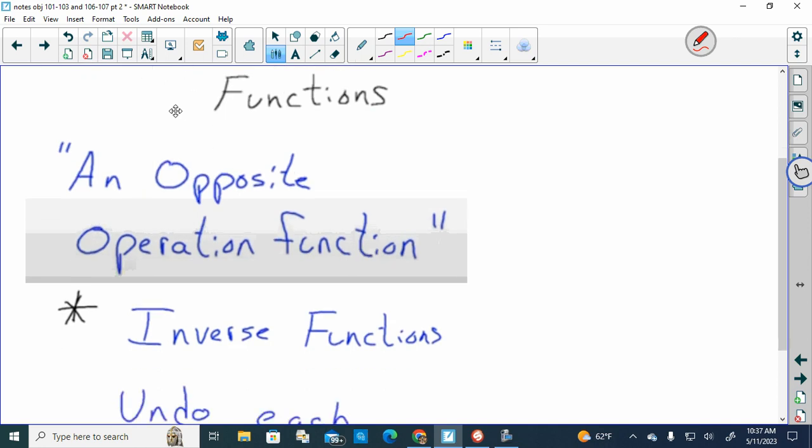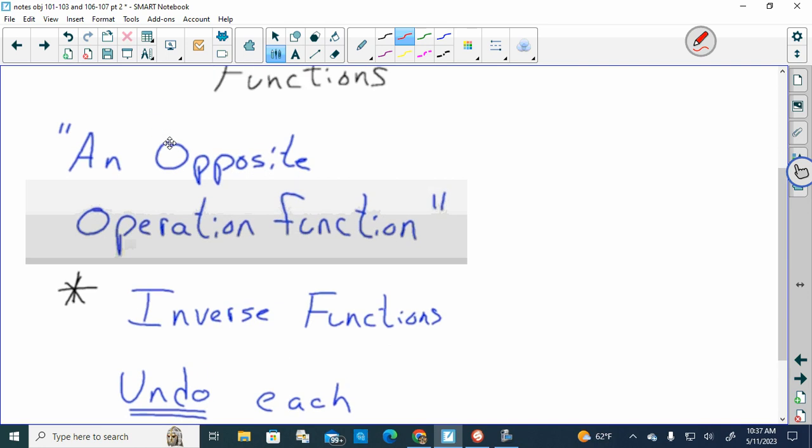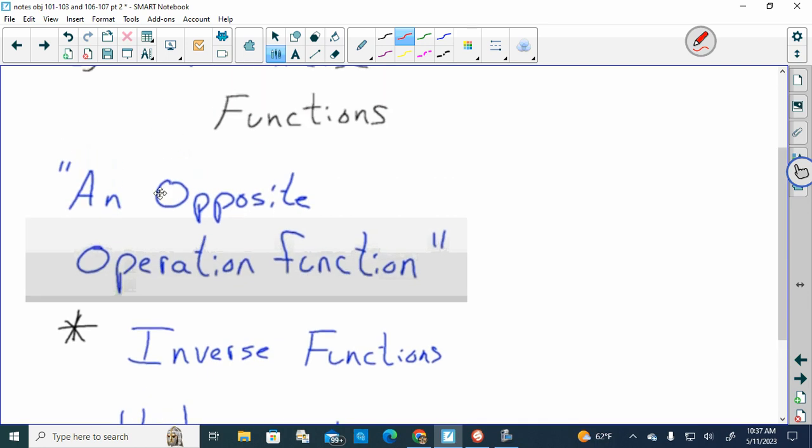So inverse function is the actual vocab word. Inverse function, it's an opposite operation function.